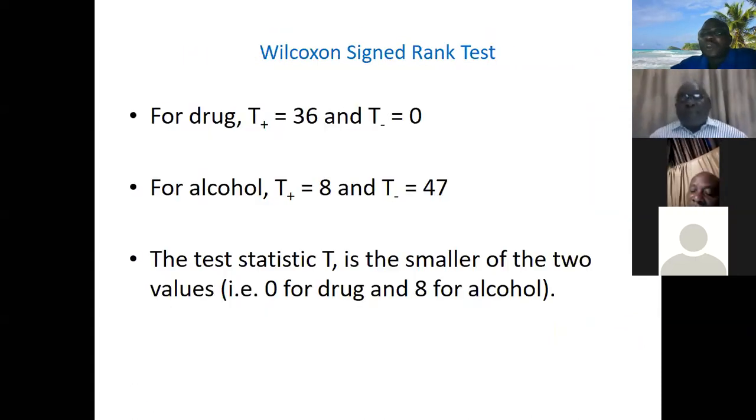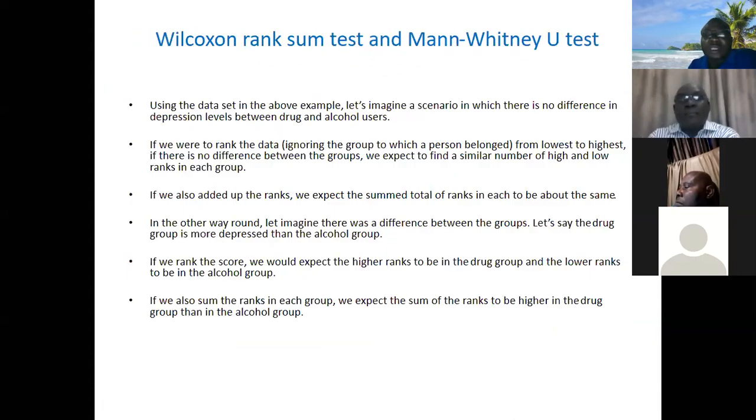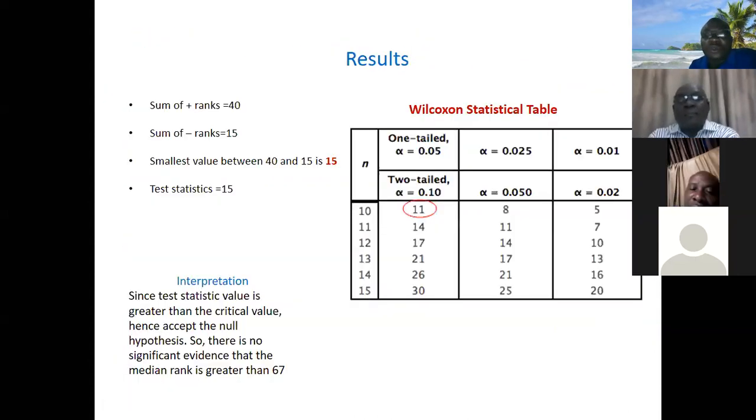All you need to do is look at the critical value for the sample size. It's an example extract I just put here. It will show you the sample size and the critical value.